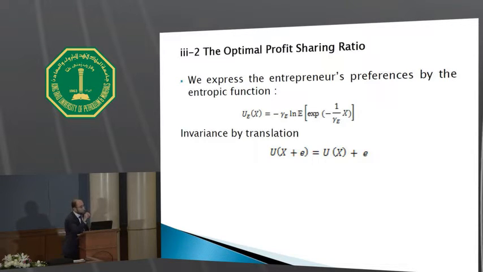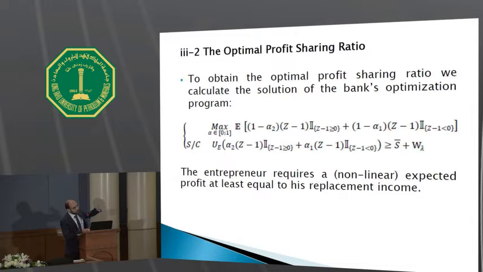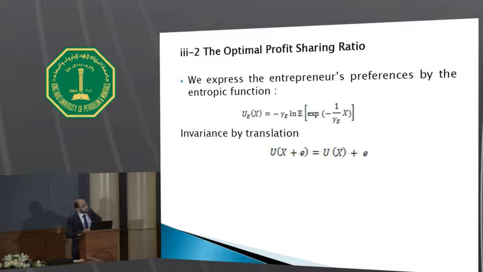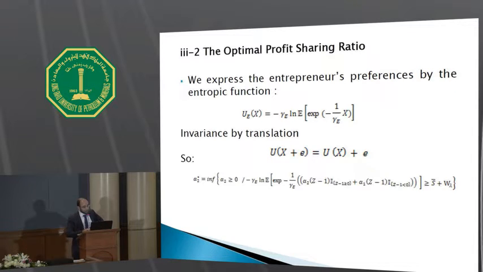So we can perfectly, with this type of function, describe the choices, the preferences of an agent constrained by the prohibition of interest. So the solution of this optimization program can be obtained in this form.